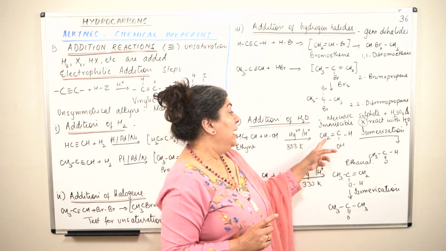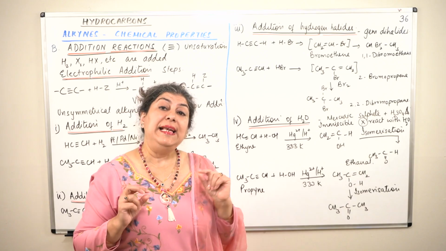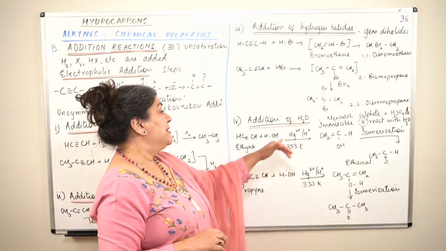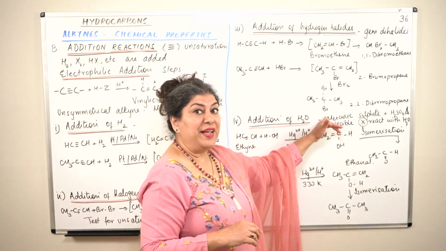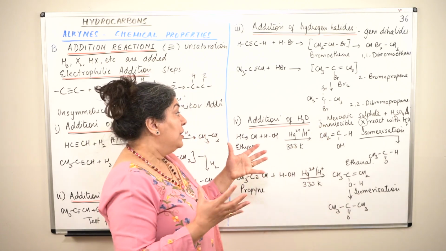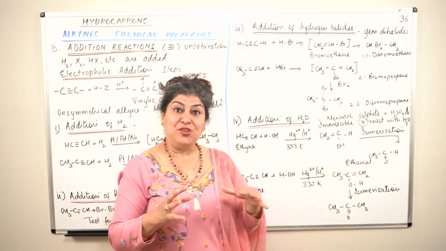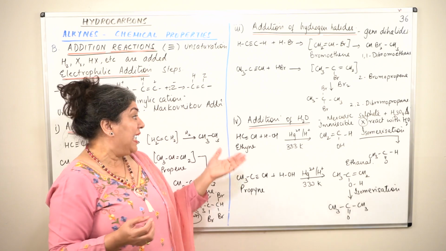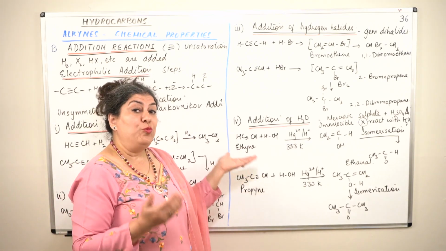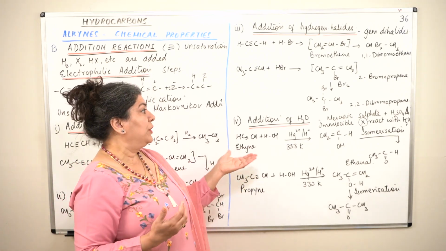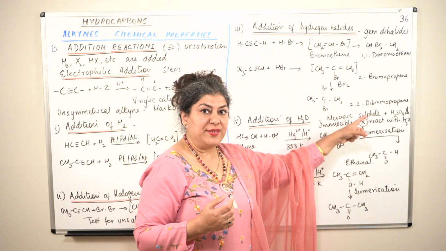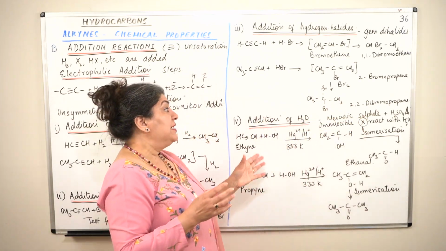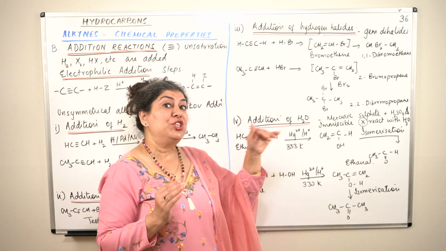This is an alkenol, even in the presence of mercuric sulfate and sulfuric acid. Now this reaction does not take place at normal temperature. Alkynes can be made to react with water under certain conditions. What are the conditions? We use mercuric sulfate, which is a salt, and we add sulfuric acid, which is an acid.